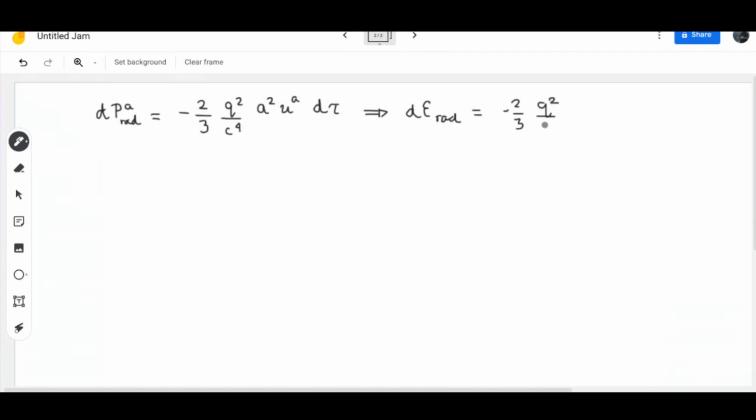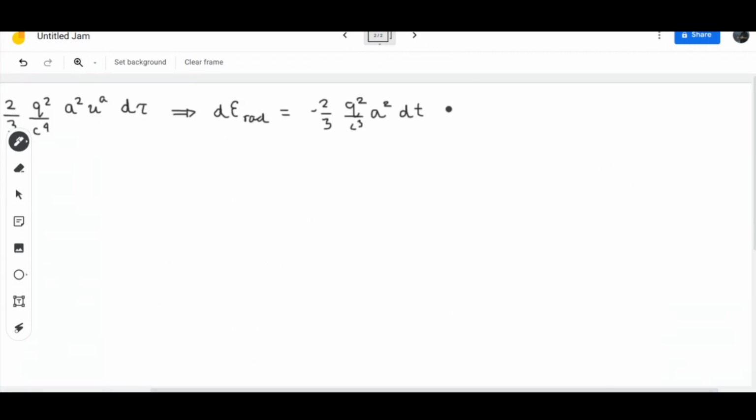Q squared by c cubed, right? A squared. And if you put the index a equal to 0, then that gives you gamma c. So that takes care of one of the factors of c, and the gamma d tau simply gives you dt, the coordinate time.